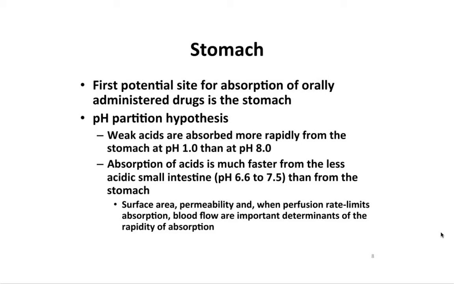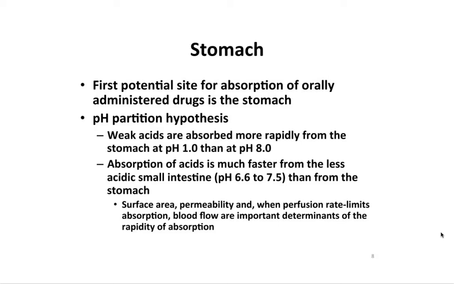Okay, stomach. We'll start with the stomach. This is the first potential site from where absorption can occur. Now, I mentioned the pH partition hypothesis earlier. What the pH partition hypothesis is all about is that molecules that are acidic are going to be less ionized in an acidic environment, and hence will be rapidly absorbed from an acidic environment.